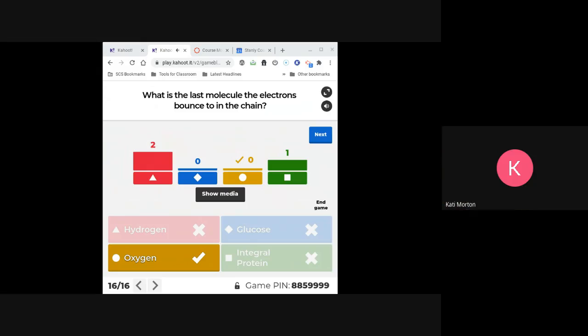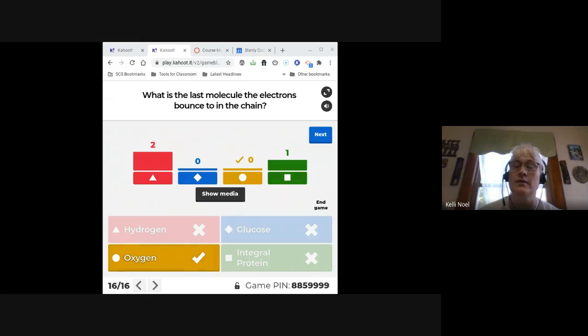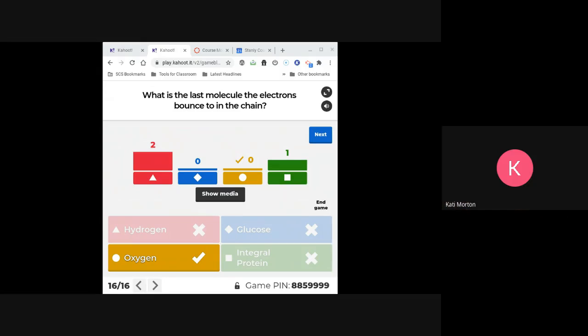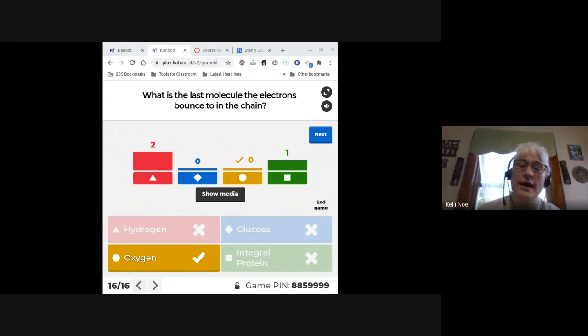Oxygen is what's going to end up making the water. The electrons are actually hydrogens, and they combine with the oxygen, which makes the water that we need to drink. So my hint wasn't as good as I thought it was going to be.